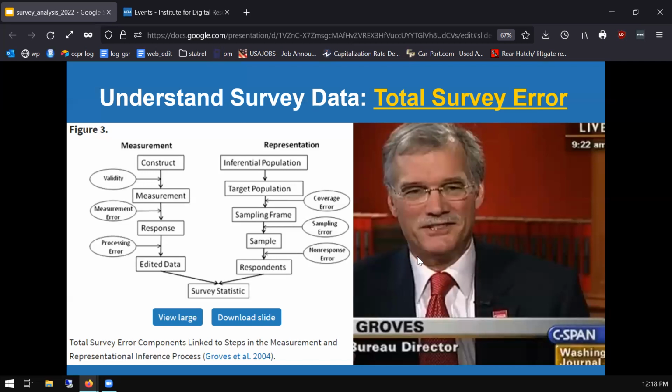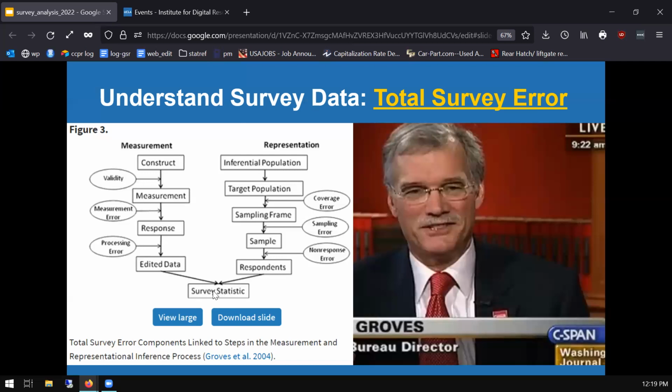So Robert Groves, one of his great frameworks is the total survey error. When you're analyzing survey data from the back end as an analyst, you might just be putting the cart in front of the horse. You just want to produce some estimate of an outcome you're interested in, whether it's a health outcome.